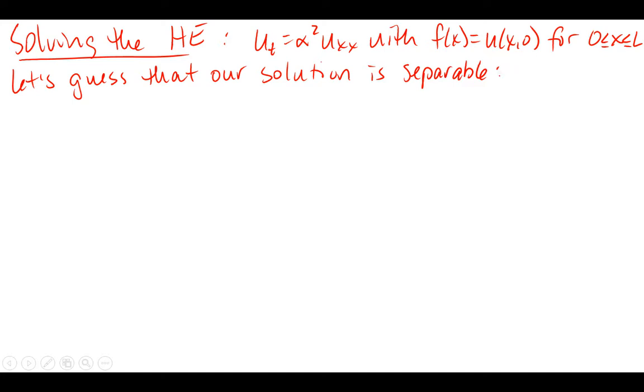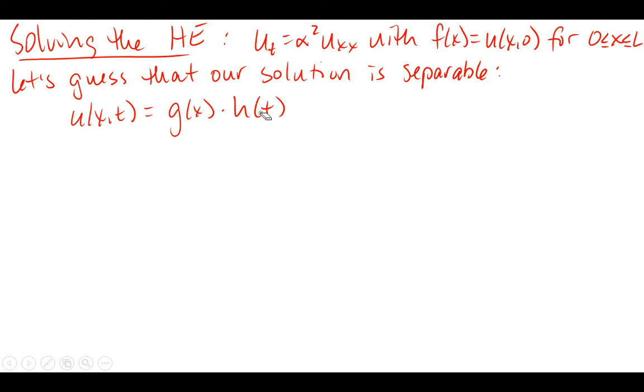Now, separable is a word we use like a million times in math to mean probably a whole bunch of different things. So what do I mean in this case by separable? I mean, let's guess that a solution can be separated. A function of x and t, of course, simply means that I have x's and t's. But a separable function would be one where you can neatly separate them into some x's times some t's.